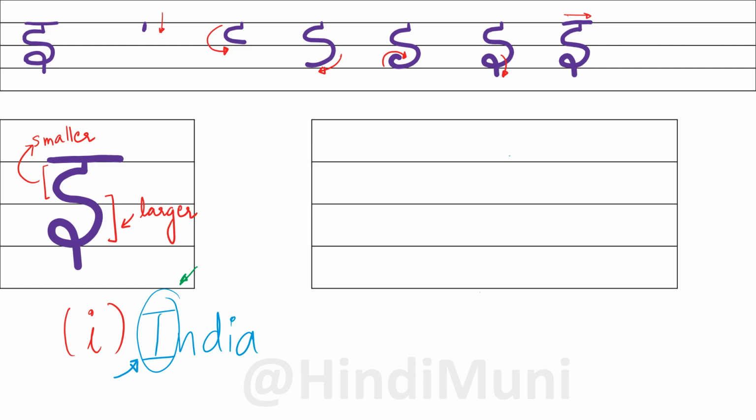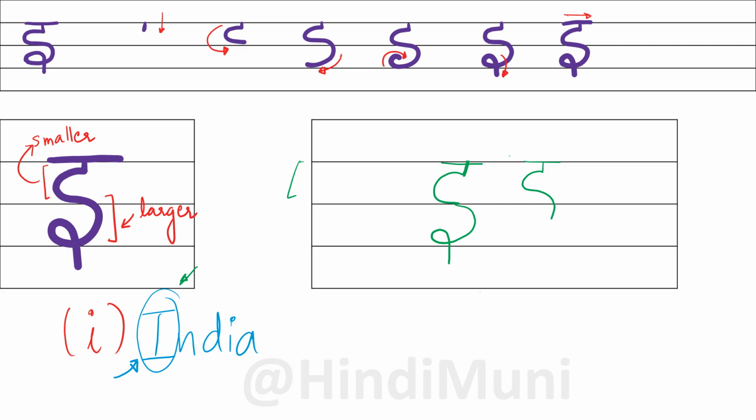So the way to write it is you make a small horizontal line. If you see in this row, it is coming only halfway, maybe less than halfway. Then you make a slight semicircle. Then continuing that semicircle, you make a bigger one. And then you make a loop and you go down. This is the way to write it. I'll just write it once more.